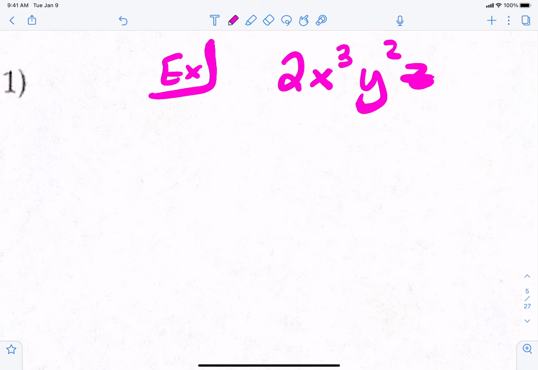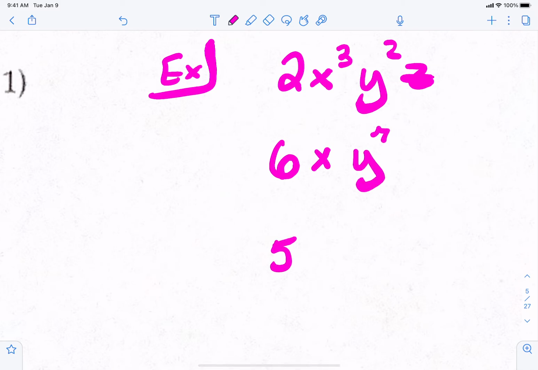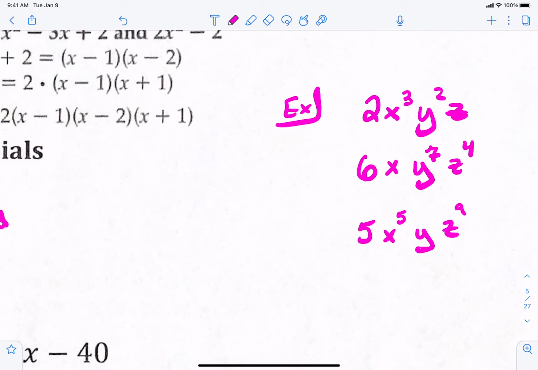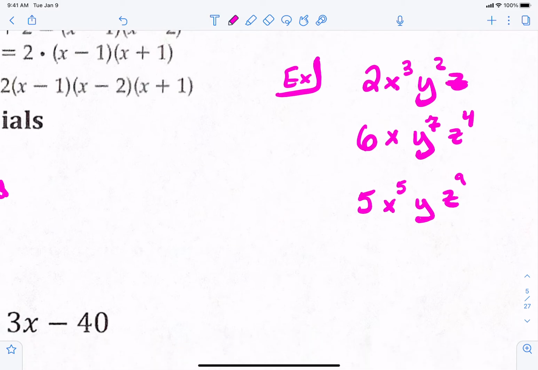And there's another problem underneath that: 6, 5x, y to the 7th, z to the 4th, and x to the 5th, y, z to the 9th power. I want to find the least common multiple of those 3. You try it on your own, and then we'll see what we get. Start with the numbers, and then figure out what the variables need to be.